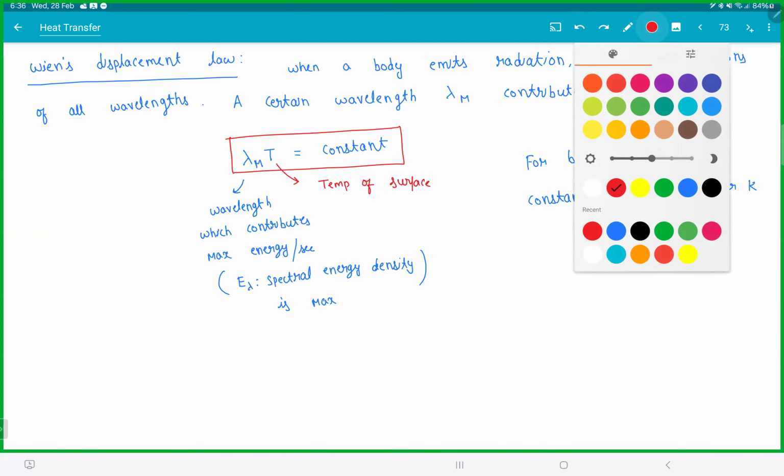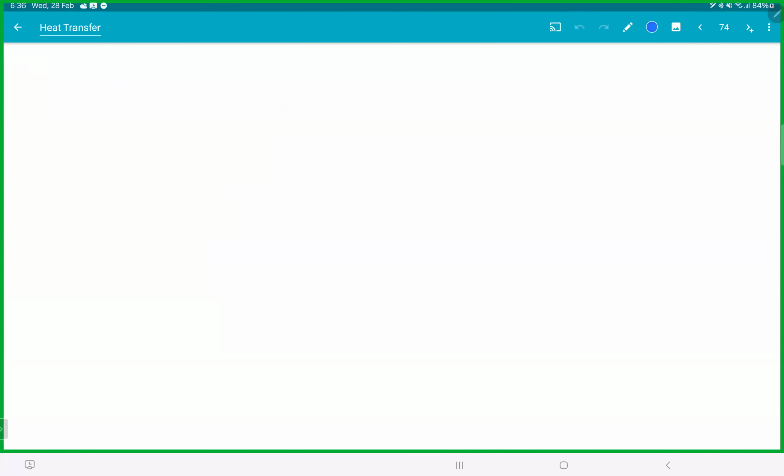If I try to plot a graph, this is what you'll observe. If you plot a graph between E lambda versus lambda, E lambda is the energy per unit time at a given wavelength.